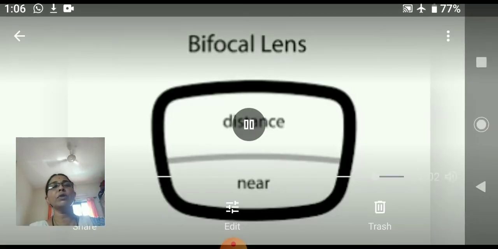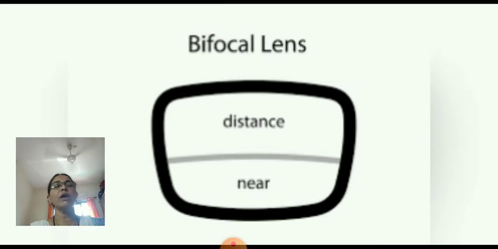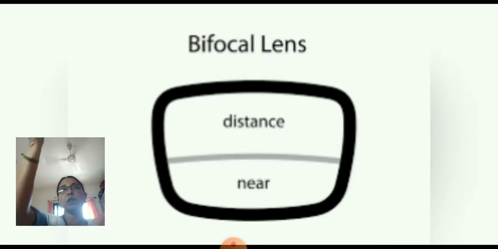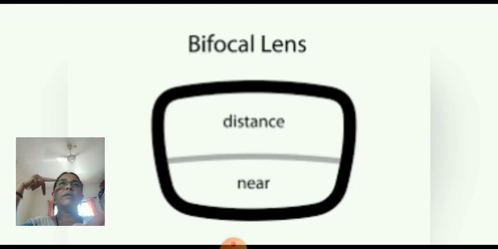So here you get the lens to see the distant object as well as the close object. These two types of combination are used, to see the far object as well as the nearby object. When we are seeing a nearby object, it is below, so I have to move my specs up, or while reading I have to use this type of bifocal lens.